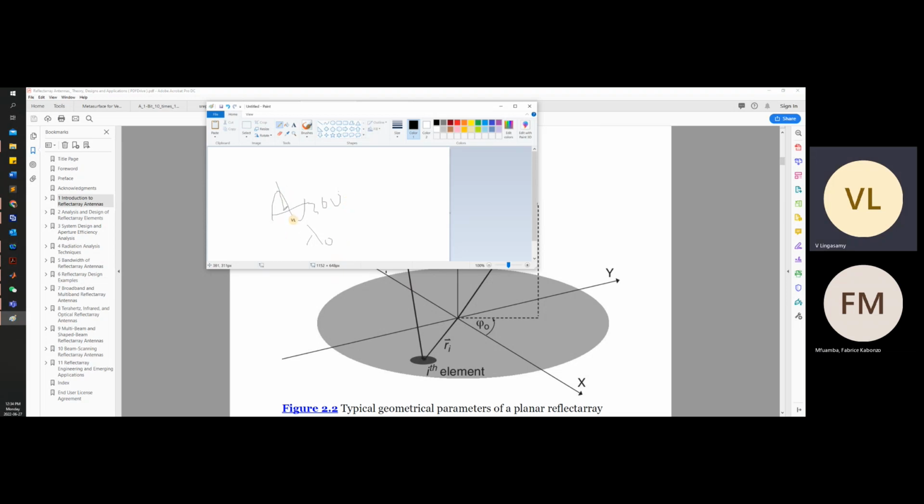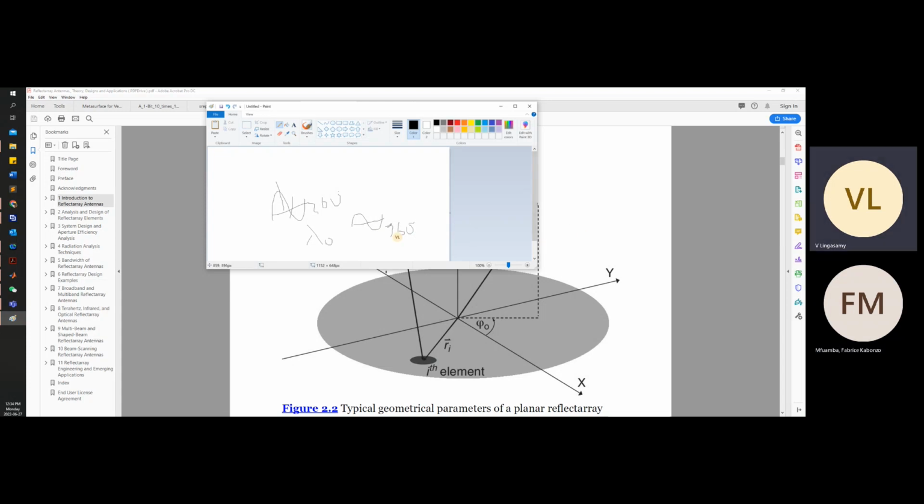If it is quarter lambda, it will be 90 degrees. Half lambda means 180 degrees. So if a sine wave travels for 1 lambda distance, it experiences 360 degrees. If it is traveling for 2 lambda, it will be 720 degrees.